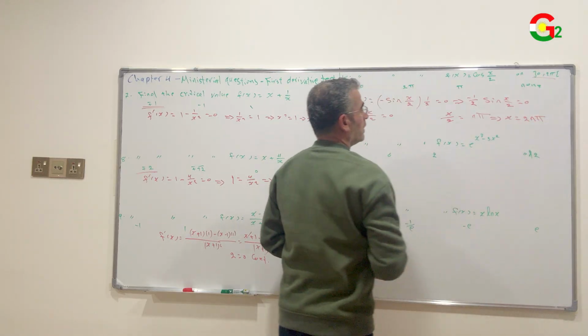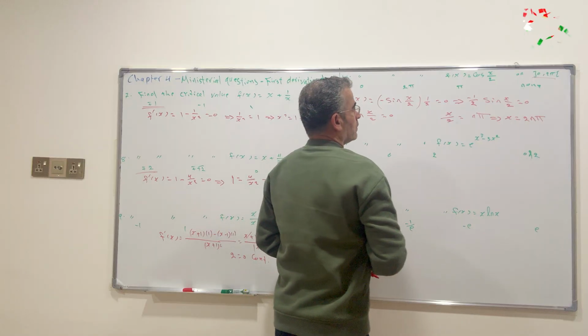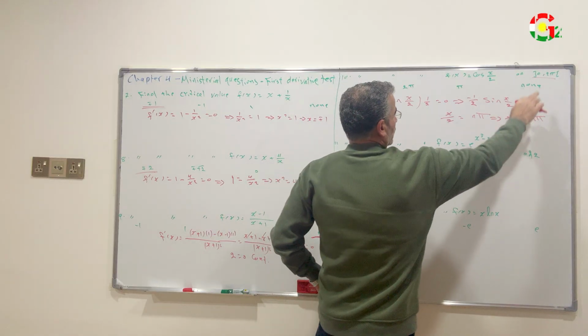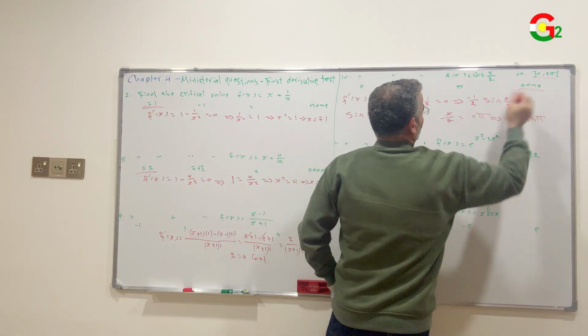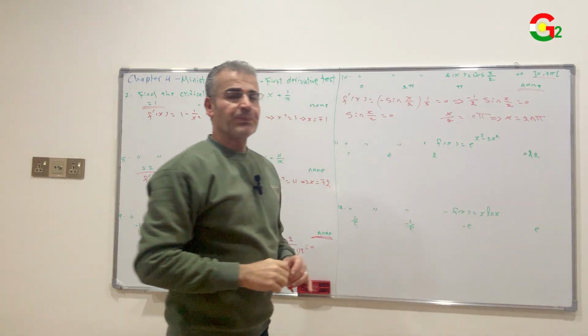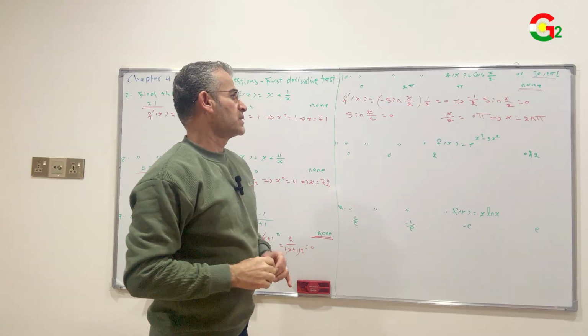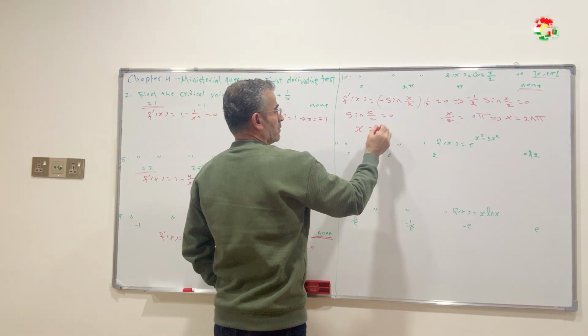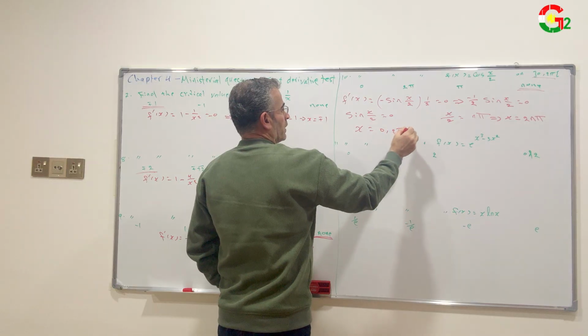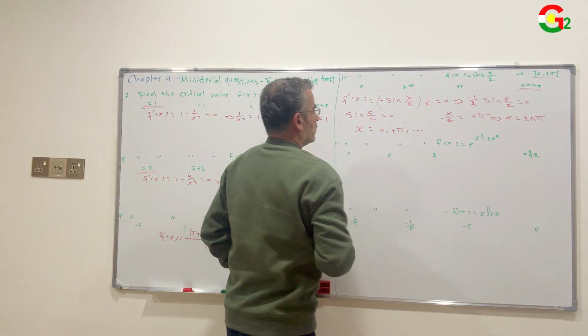If we take n equals 1, then 2 pi, it is also not within the interval. Therefore, there is no critical point in this interval because the critical points are x equals 0, 2 pi, and so on.